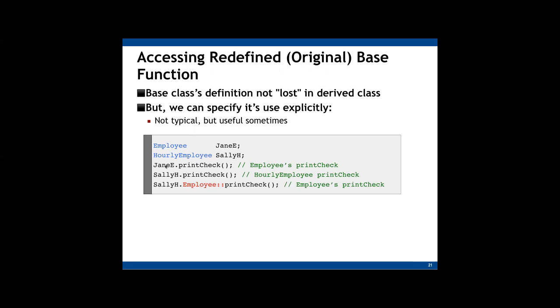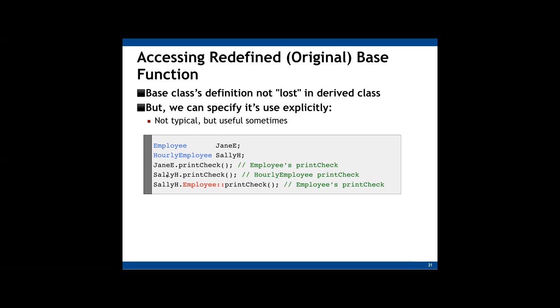Using Jane E, we are calling the print check member function. And we also call the print check member function using the Sally H object.